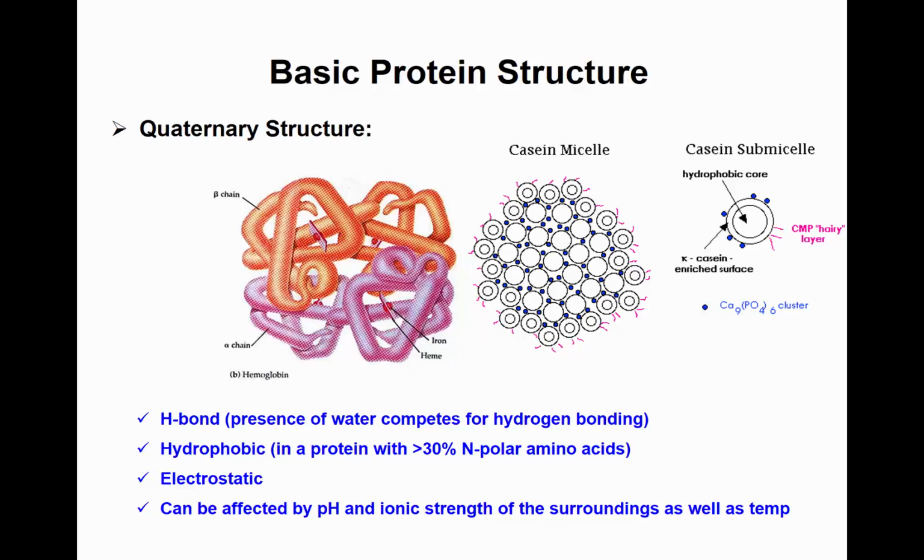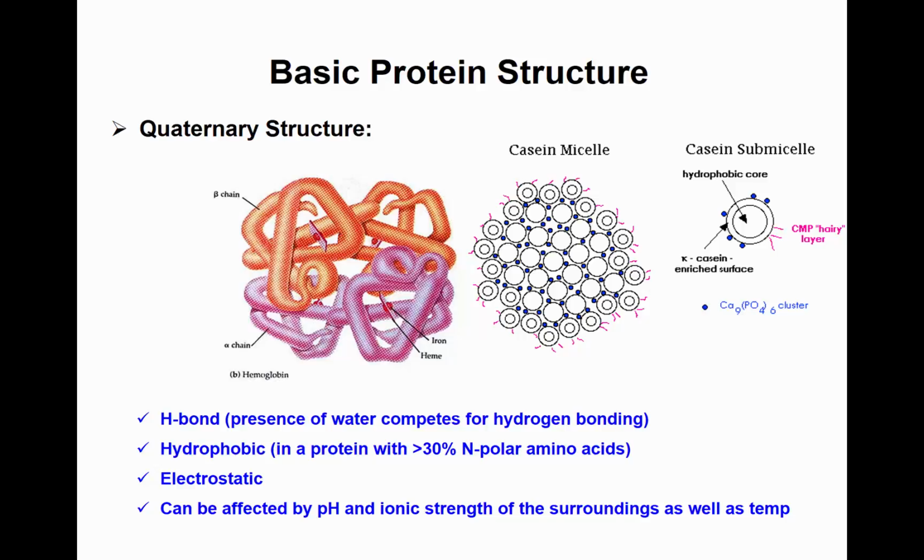Then you have hydrophobic interactions, and the glycosylated proteins are negatively charged and dominate the surface of the micelle. So you have a net negative charge, and that's what stabilizes the quaternary structure in water, due to the high negative charge on the surface of the micelle. So this is one example.